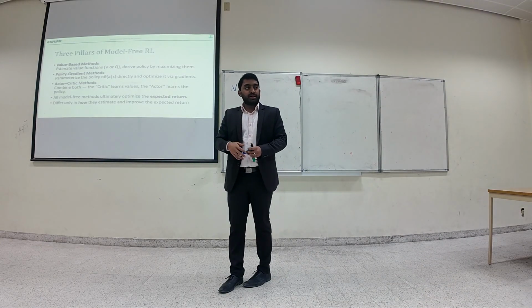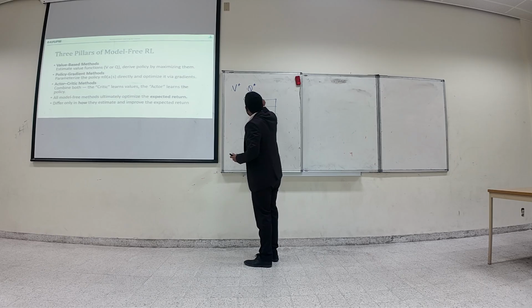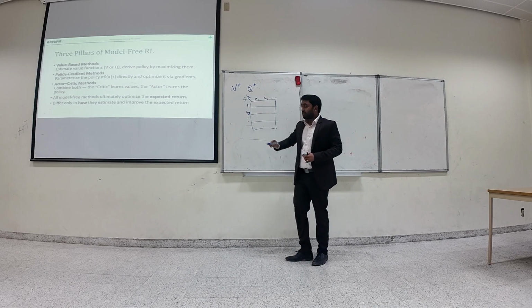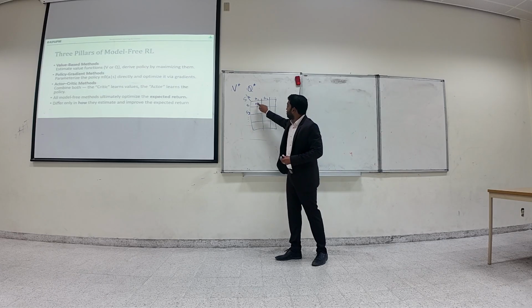However, say for Q learning, what do you do in Q learning? You formulated tables. You have the state and action, and then you had A1, A2, and S1, S2, and for every pair of this state and action, you had some number.